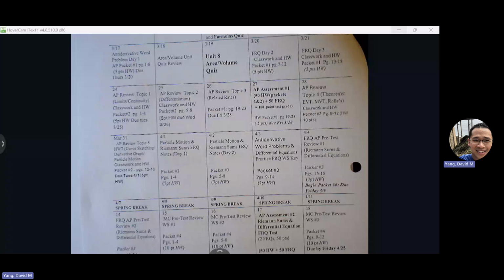But all these assessment grades are going to be buffered by your homework grade. So if you do your homework, I'll be checking homework daily, and I'll also send you a text reminder on exactly when I'm checking. As long as you're doing your homework on time, you're going to earn half the points of your quiz or half the points of your test.